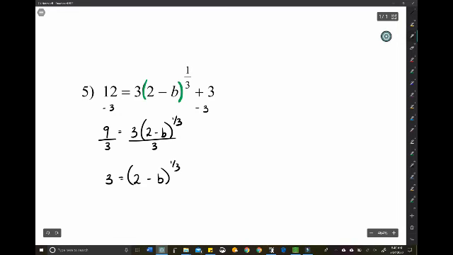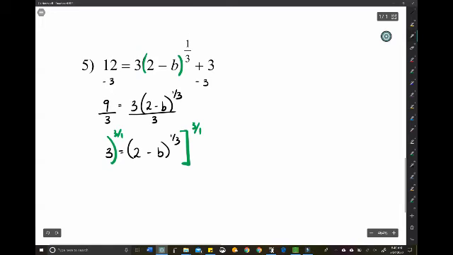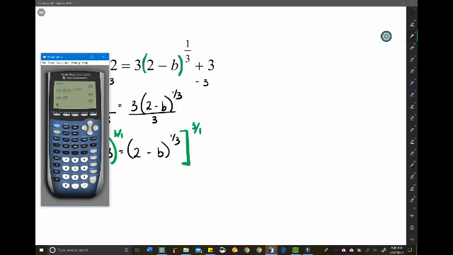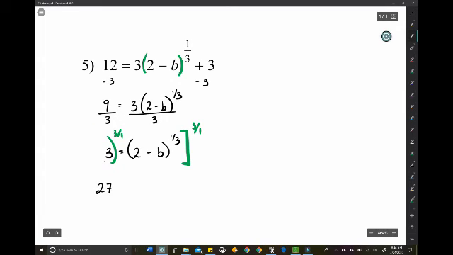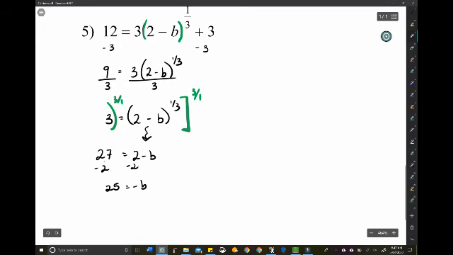All right, we're going to take the reciprocal power, so something that's not 4/5. So we're going to raise it to the 3rd, 3/1. Now, it's not multiplication, it's not 3 times 3, it's 3 to the 3rd power. 27, or if you just type in your calculators, 3 to the 3rd, 27, you get it there. So 27 is equal to 2 minus b. We can subtract 2. 25 is equal to -b, and that means positive b is -25.